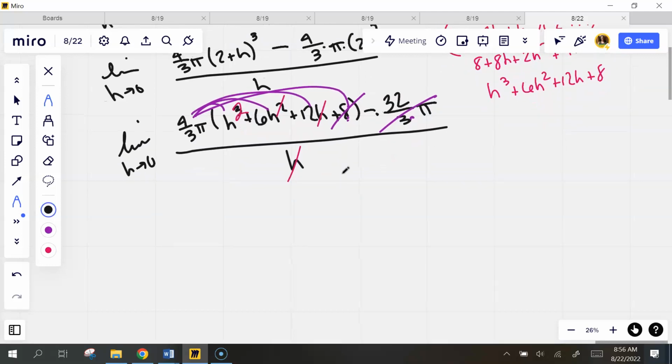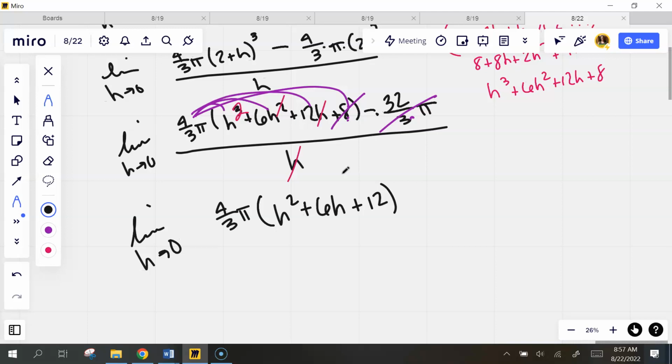So it leaves me with the limit. If I do too many things in one step, tell me, because I can write them out if you get confused. Now I've got 4/3 pi times H. I just really did not want to have to distribute that 4/3 through. Now I can put a 0 in for H, right?